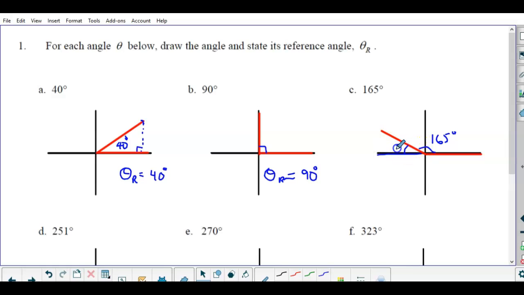What's this angle? The reference angle is that question mark. How do you get that? Well, it's 180 minus 165. So that's going to be 15 degrees, and that goes in there.